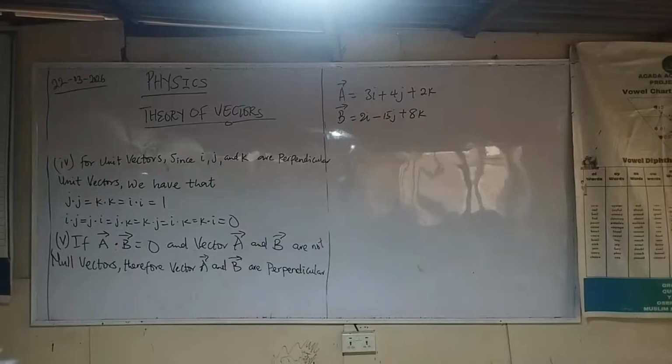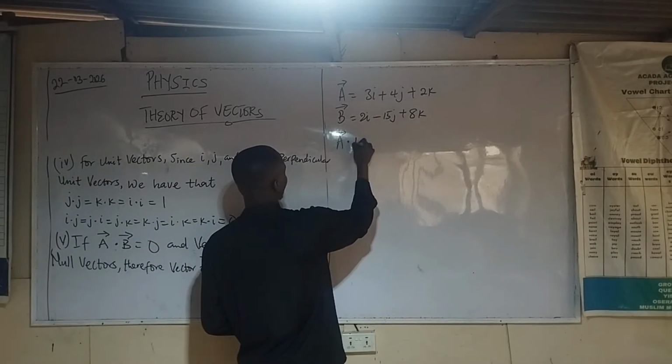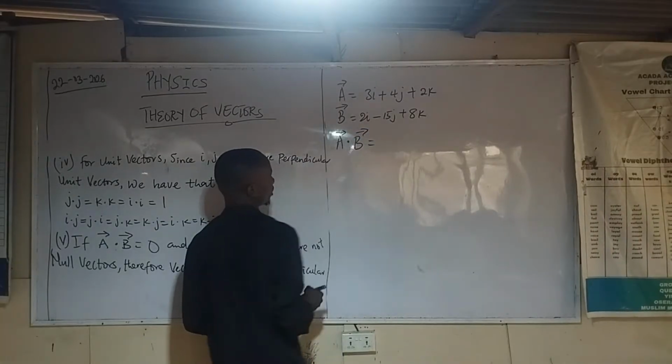So how do we go about A dot B? We have to look for vector A dot vector B.